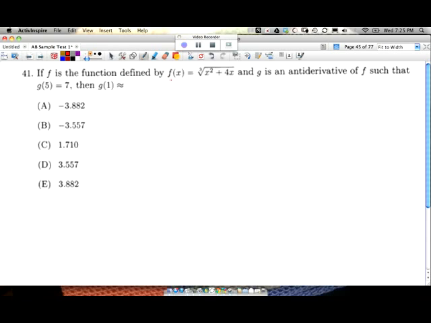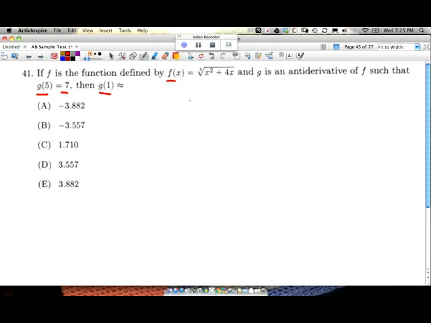If f is the function defined by f of x equals this, and g is the antiderivative of f such that g of 5 equals 7, then g of 1 is approximately, ooh, that's rough. F is a function defined by here.